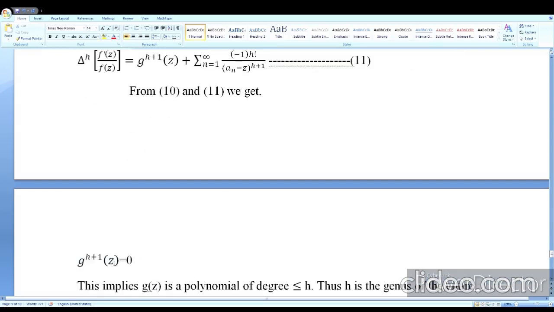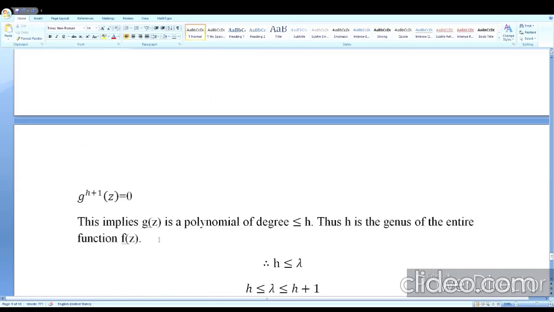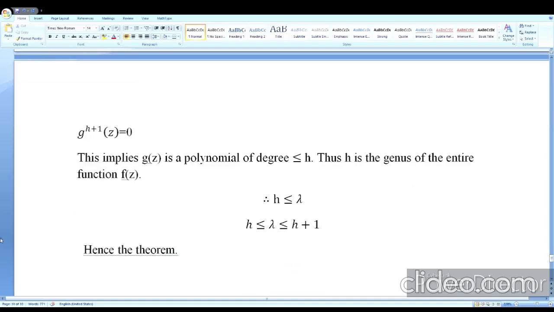That means g of z is a polynomial of degree less than or equal to h. Thus, h is the genus of the entire function. That is, h is less than or equal to lambda. Thus, we get h less than or equal to lambda less than or equal to h plus 1. Hence the theorem. Hope you have understood.